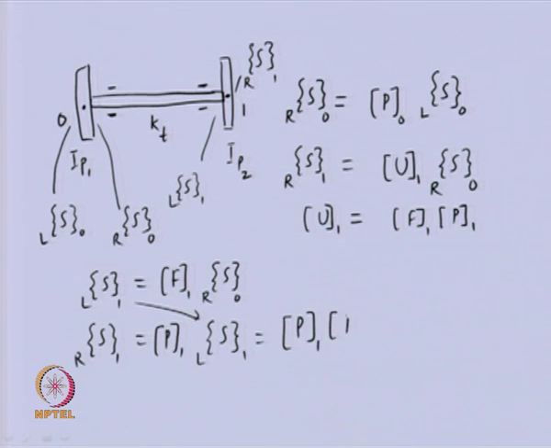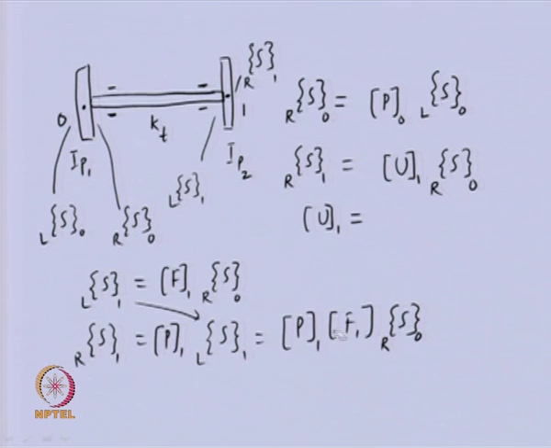If we substitute this here, we will get P1 F1 into the state vector S, subscript L0. So you can see that the U matrix does not have this other form.